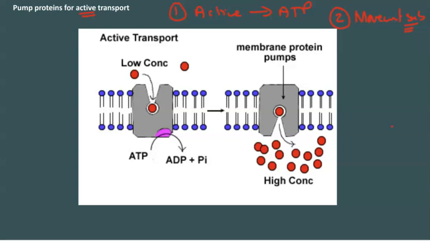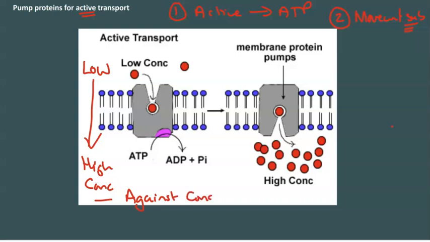And classically, the description is that we go from the low concentration, where the molecules are being transported, to a high concentration here. And equally, it would be said that it's against, this is the usual phrase, against the concentration gradient.